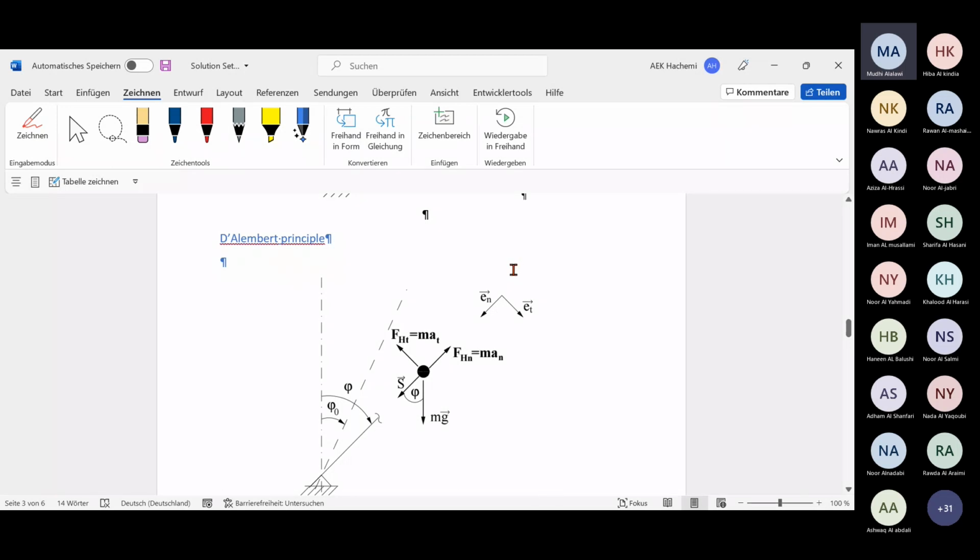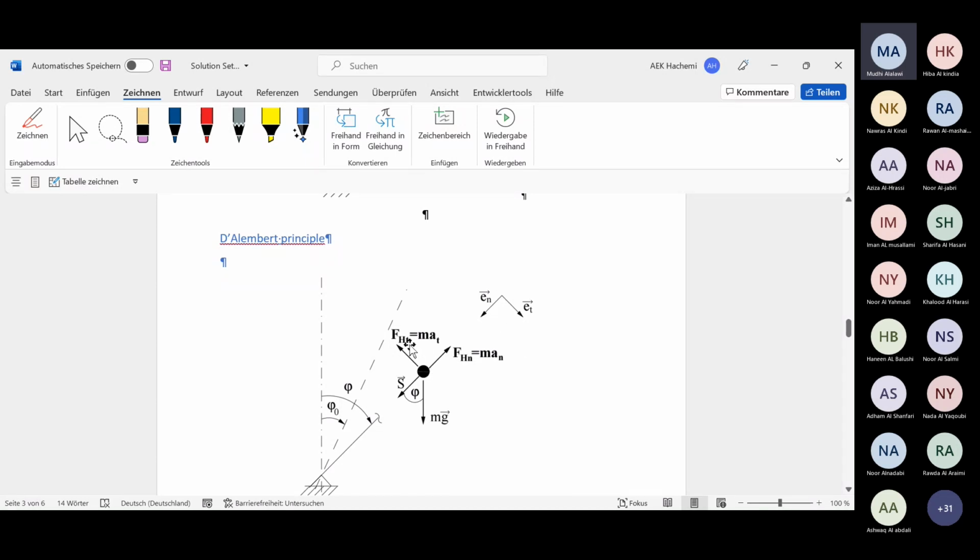We take the force opposite to the direction of the acceleration, or the motion, so if the motion is moving like this, we take the force opposite to this motion.